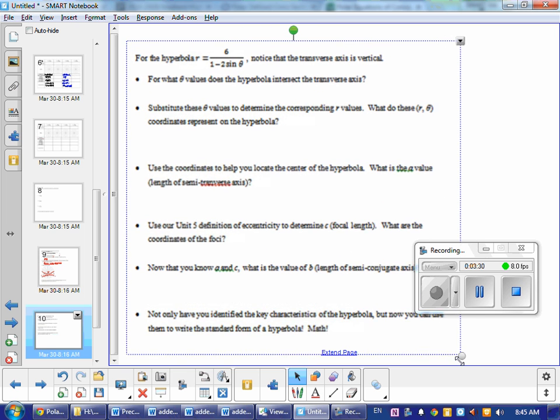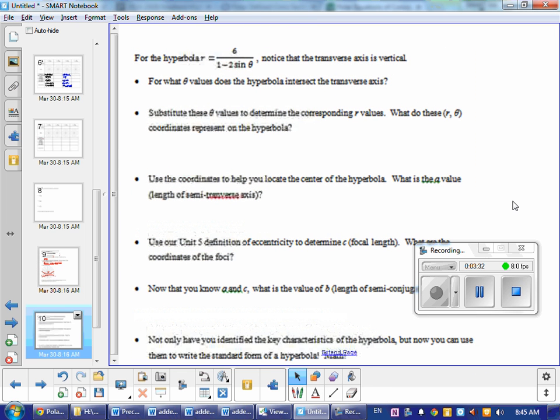Okay, so here's where it gets really fun. We are going to write an equation for the hyperbola. It's the same one if you flip to the back, 6 over 1 minus 2 sine theta. For what theta value does the hyperbola intersect the transverse axis?